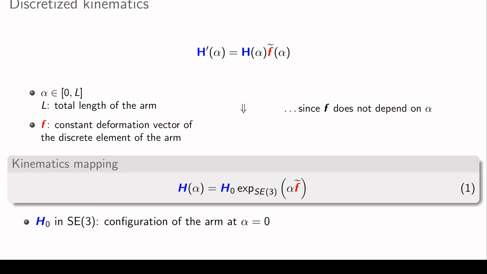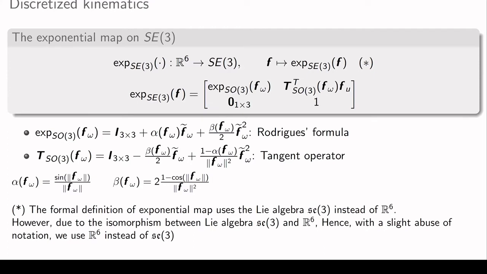And the exponential mapping, in this case on SE3, is used for describing the forward kinematics. It's basically a mapping between the tangent space where the Lie algebra is, namely the deformation, and the manifold where the homogeneous transformation matrix evolves.